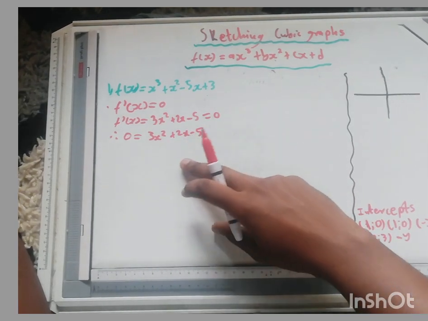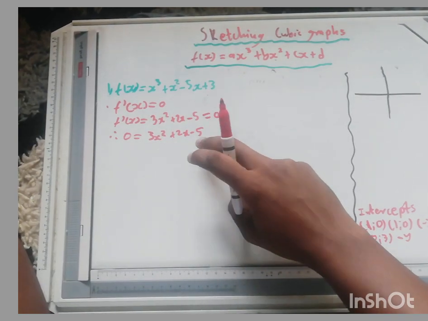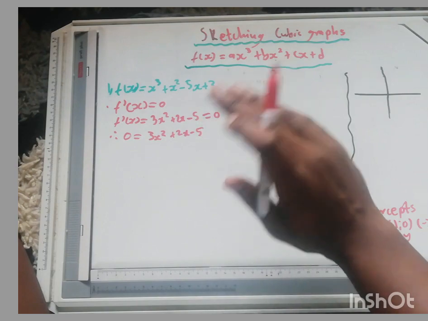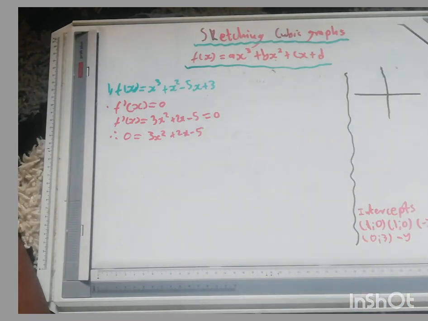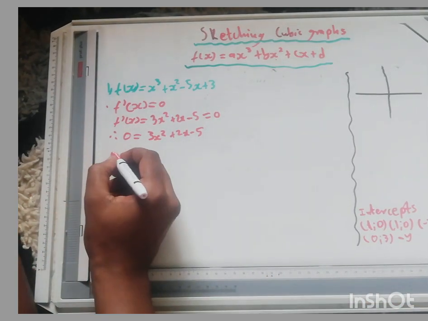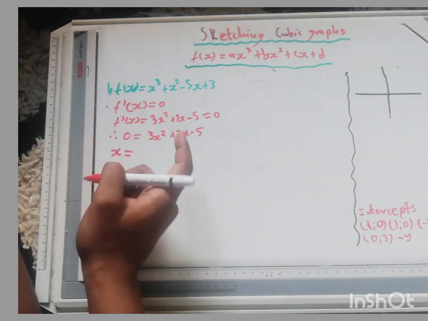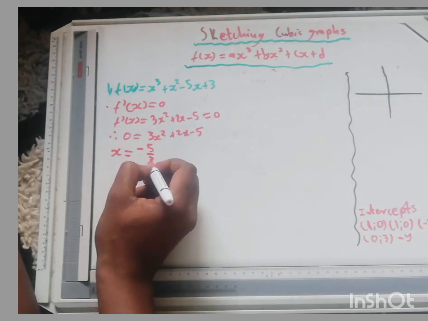But by inspection, you can tell that the factors of these are not whole numbers. So there will be a decimal number. If that is the case, I suggest that to find these factors, you can use the quadratic formula. If you use that quadratic formula, you'll find out that the x value you'll get here is actually minus 5 over 3.